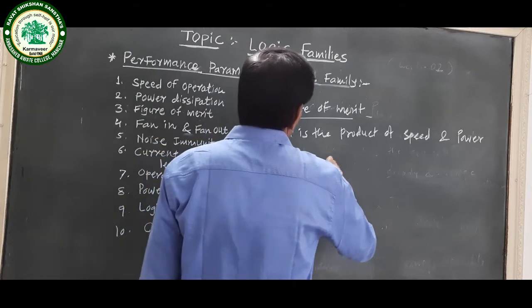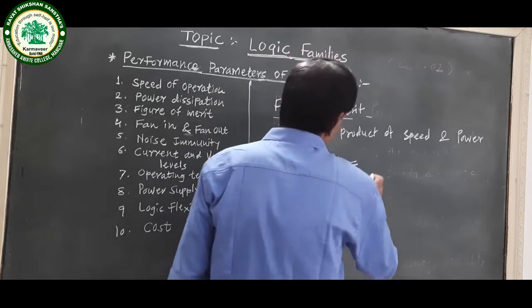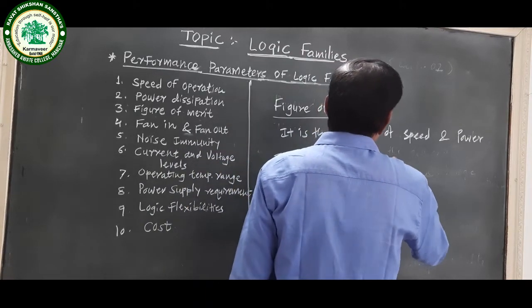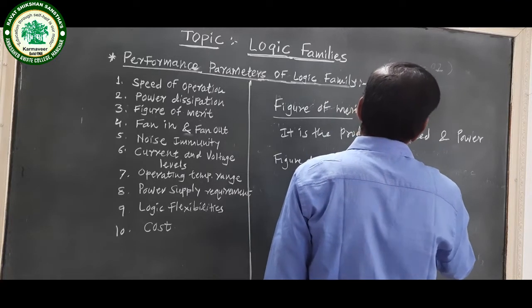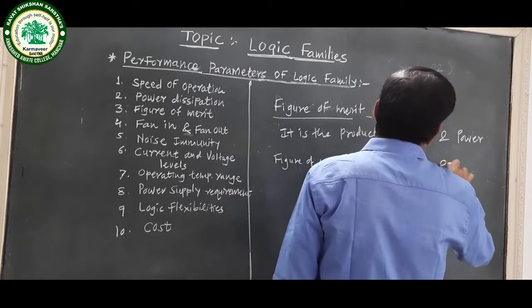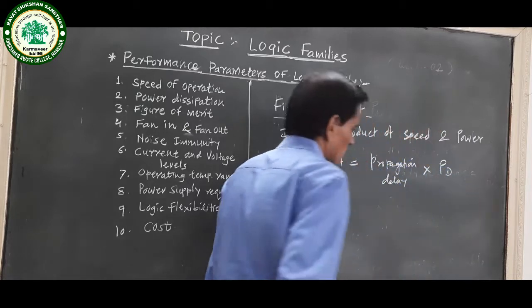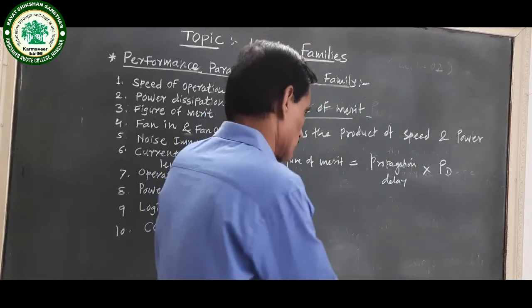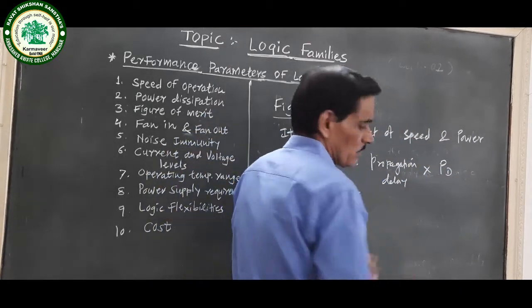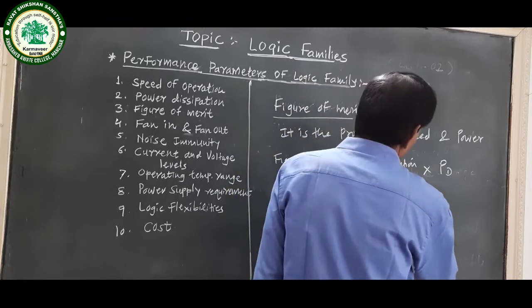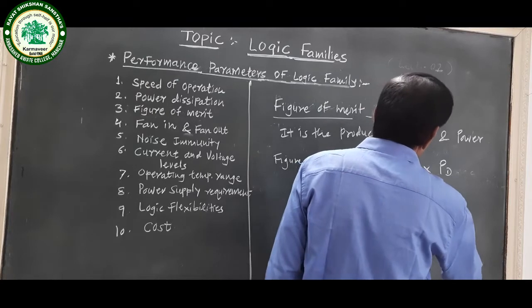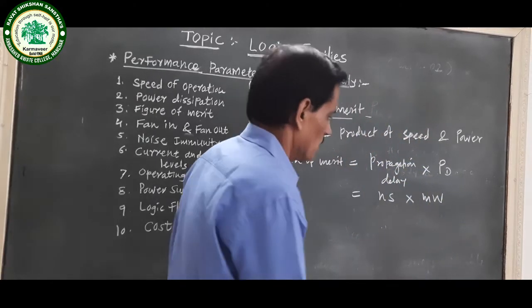Figure of merit equals propagation delay multiplied by the power dissipation. Now you know propagation delay is in the order of nanoseconds, and power dissipation is in the order of milliwatt.